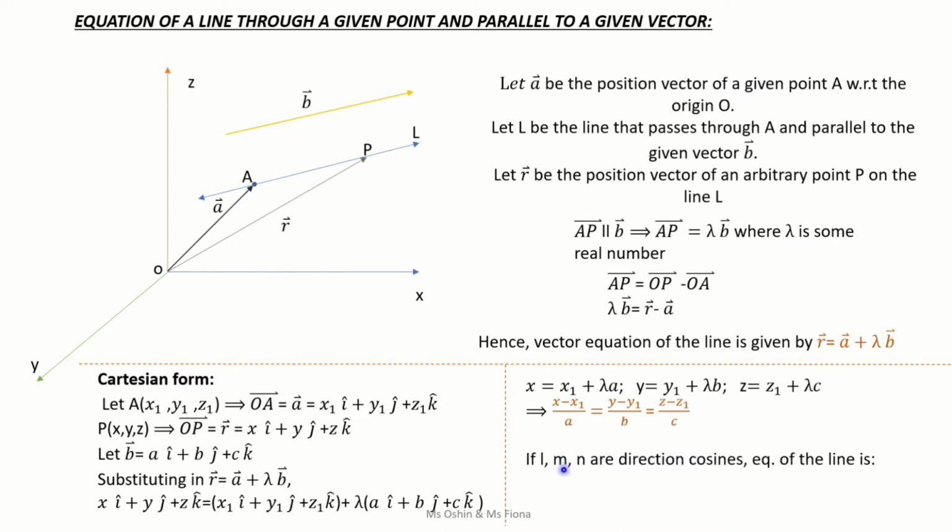Now, suppose l, m and n, the direction cosines, are given to us, then the equation will be x minus x1 by l equal to y minus y1 by m equal to z minus z1 by n. This is the required Cartesian form.